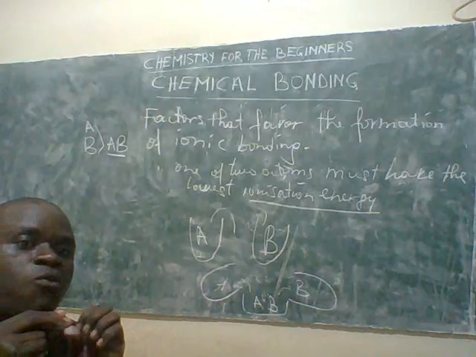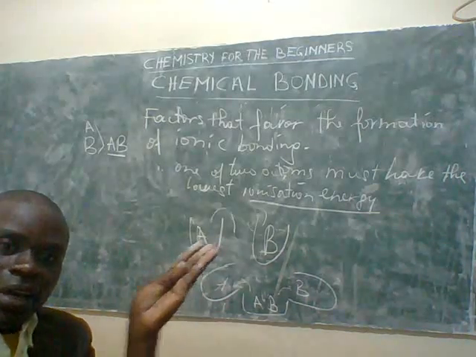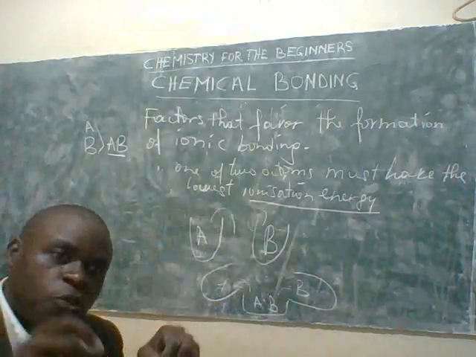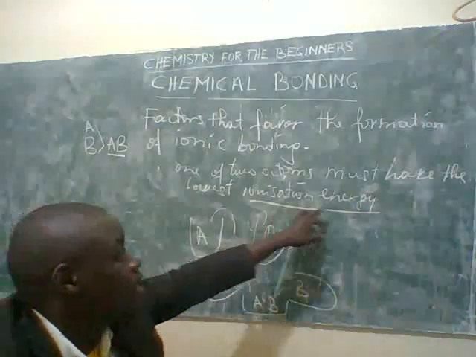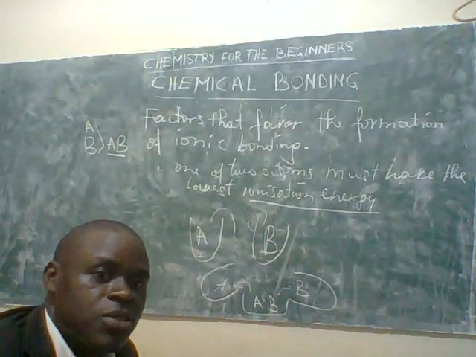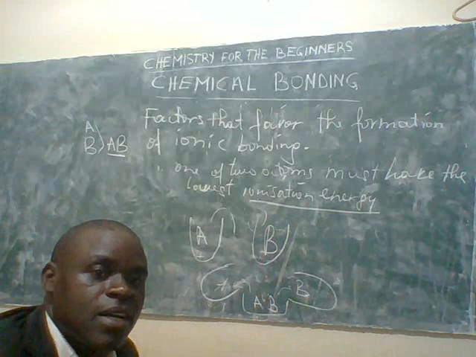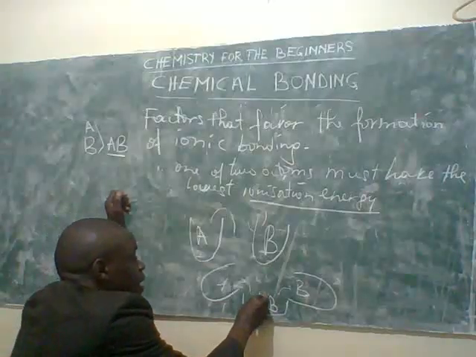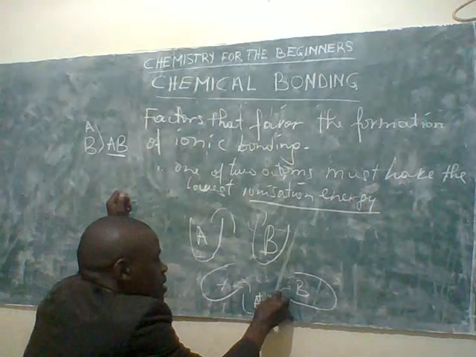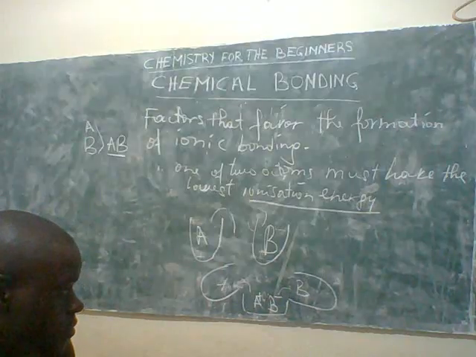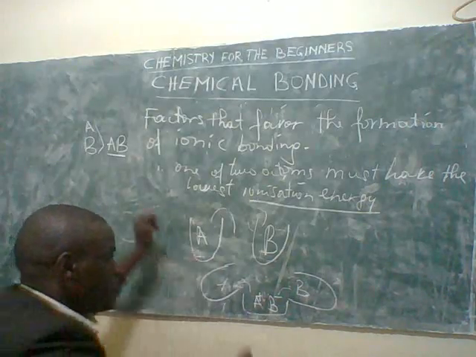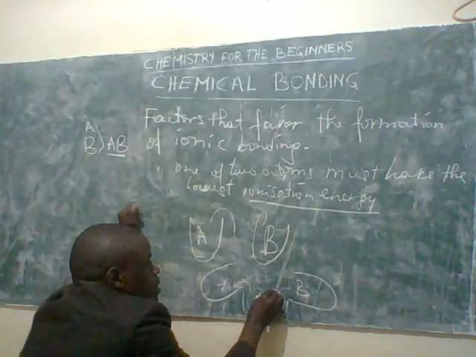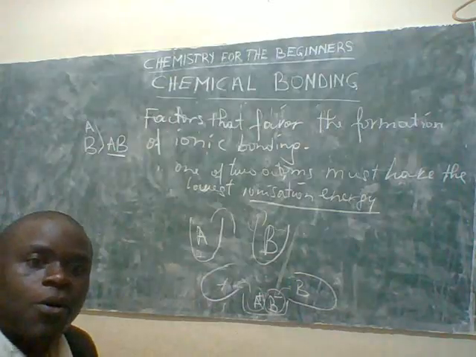That energy of becoming ready to make a connection, that energy that an atom has used, is what we call ionization energy. A will become positive, and B will become negative. This is before they get combined completely.